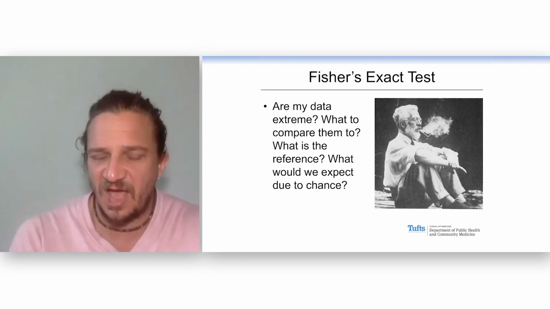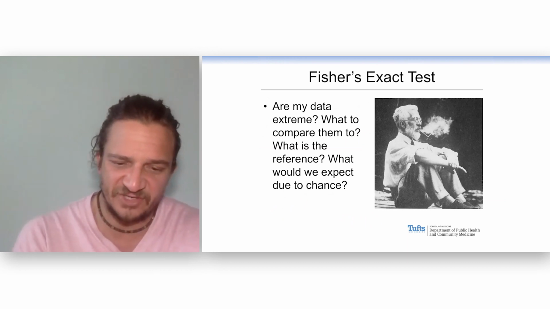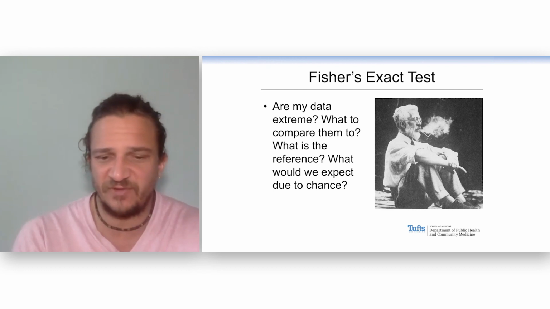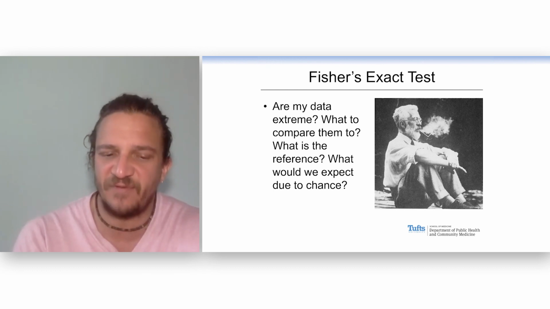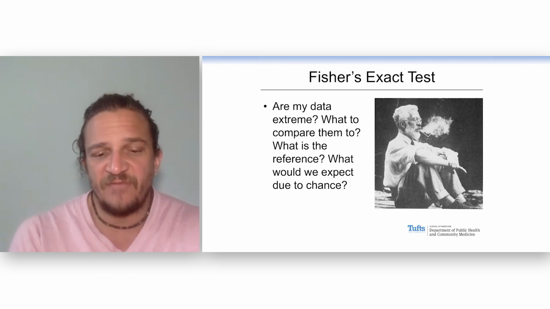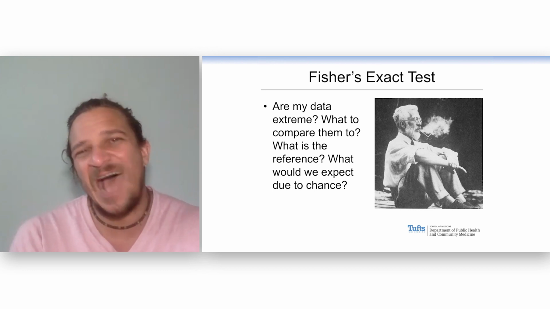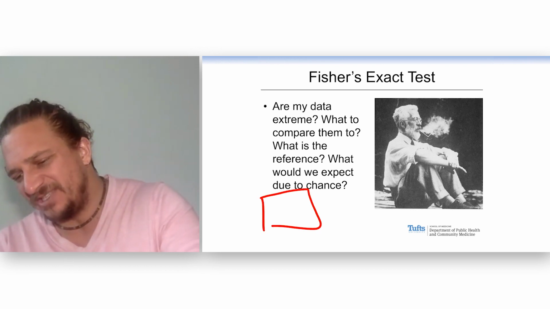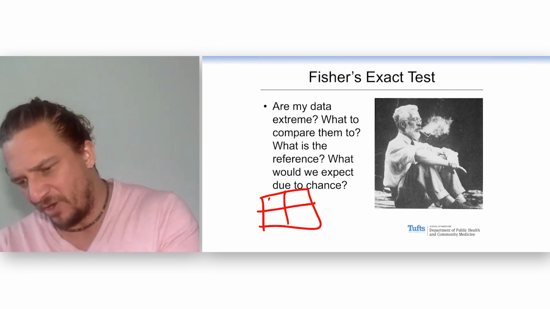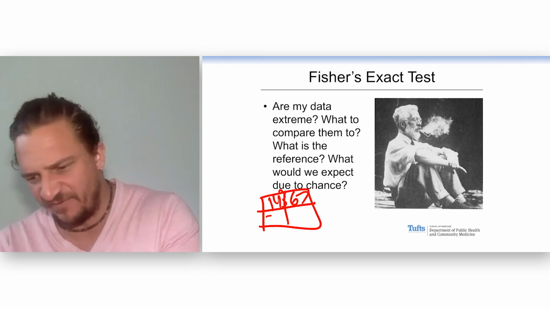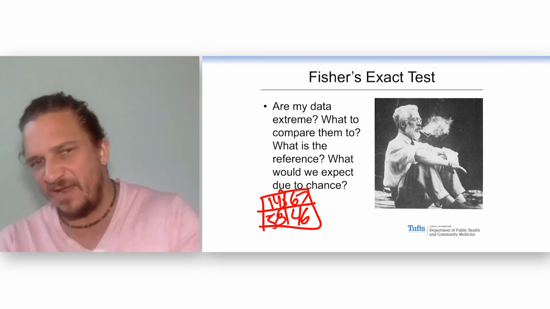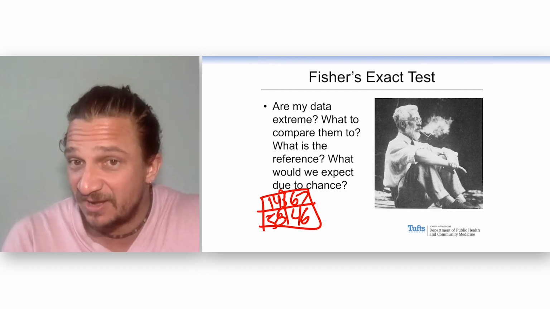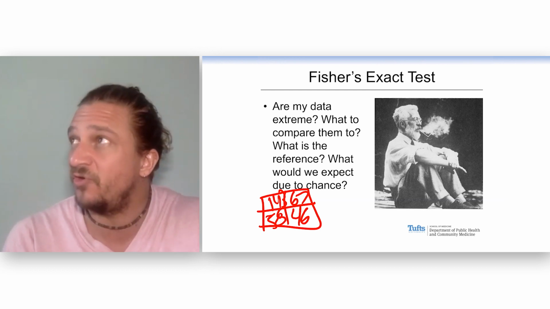There's a twist to the chi-square test, and it comes from this guy, Fisher. And Fisher had this really interesting idea. I'll simplify it, but he said, if the whole goal of this is to say, how weird are my data? How weird is this table of 143 and 67 and 58? How weird is that table relative to what I would get if the null hypothesis were true?